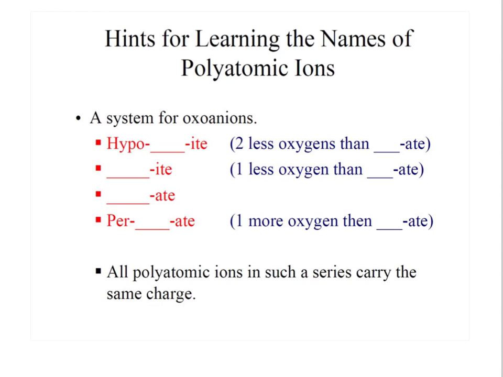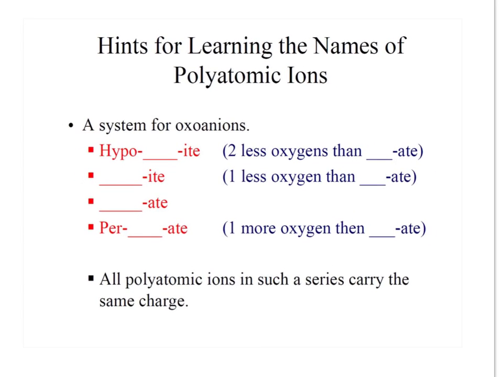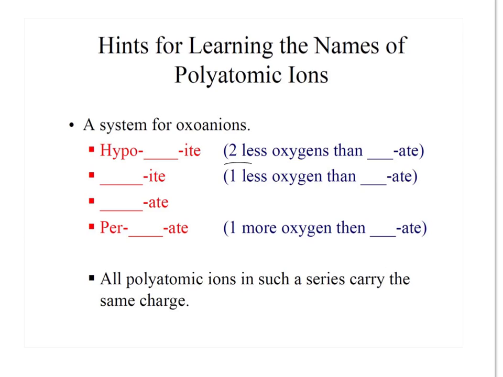So hypo-, whatever the element is, -ite, is going to have two fewer oxygens than the -ate version. The -ite is going to have one fewer oxygen than the -ate version. Then you'll have per-, whatever the element, -ate, which is going to have one more oxygen than the -ate.